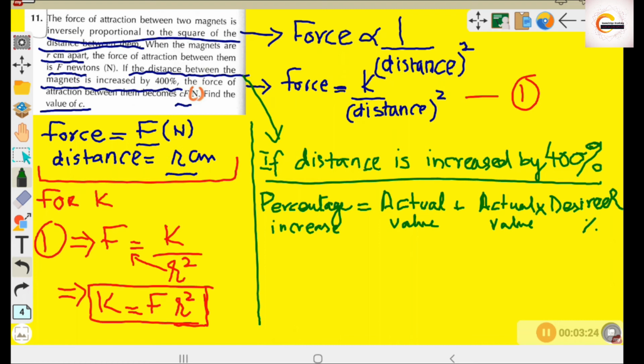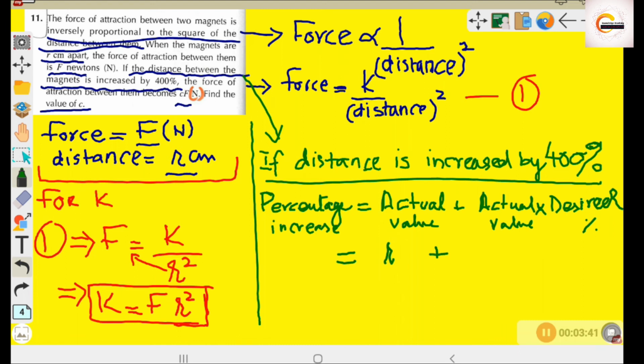So our actual value was R centimeter, remember, and we have to increase this R centimeter by 400%.